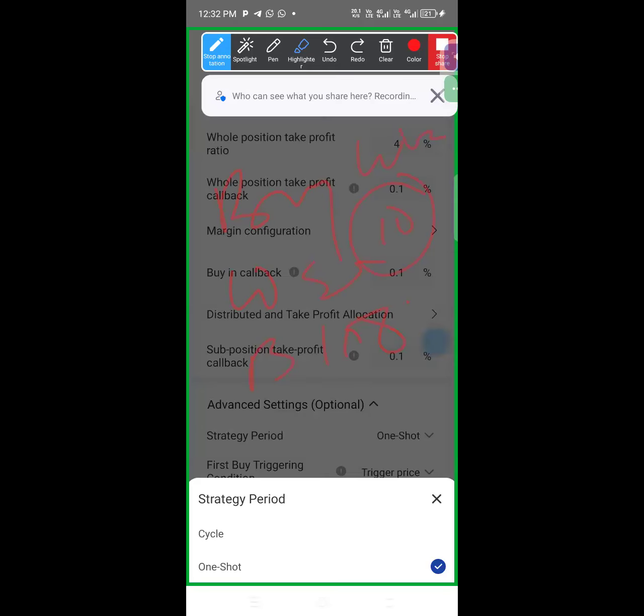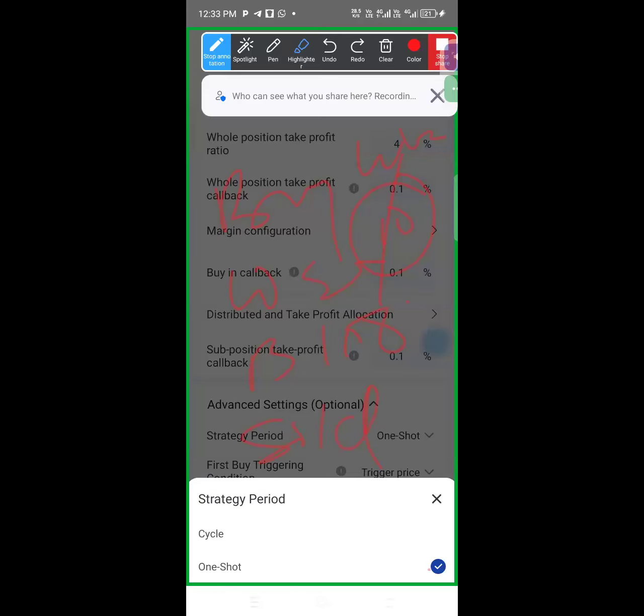Until then, you are never going to make profits when the price is going down. That is for cycle. Even though cycle is good based on conditions on other assets. If you have a specific asset that you think you want to place on cycle, that is fine. Then one shot simply means after the trade is sold, you want to get back again to set it up yourself, right?